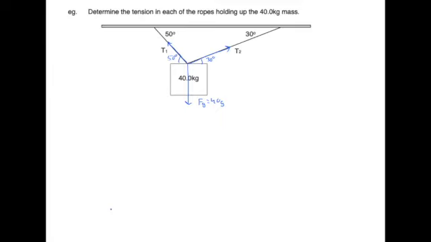So if we start with, let's say, T2 here, I'll do my coordinate axis, and this one is heading out at 30 degrees in this direction. And so I'll head that one out over here. That's my T2. And this here is going to be 30 degrees. Now if that's 30 degrees, then this inside one is going to be 60 degrees.